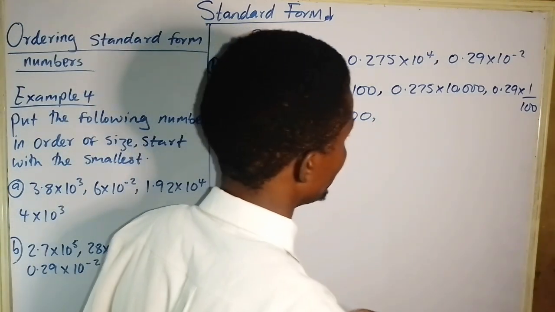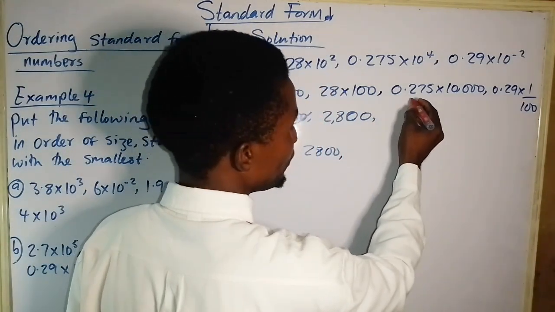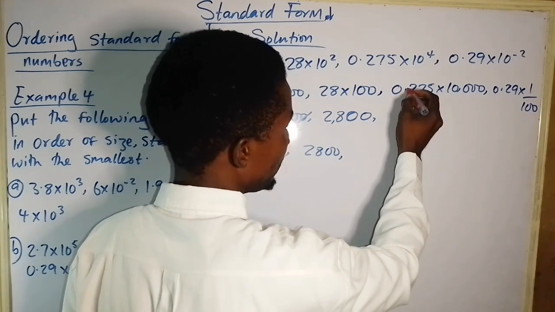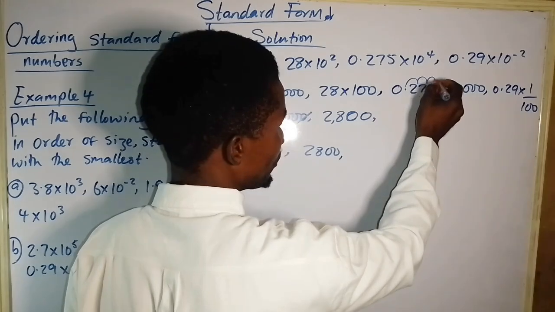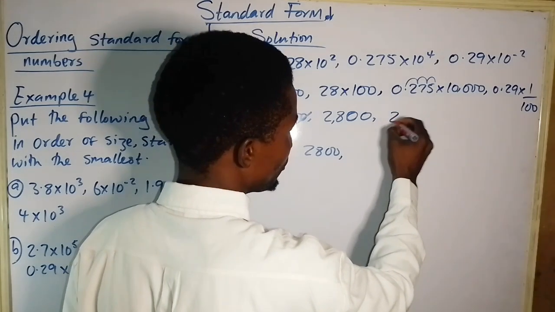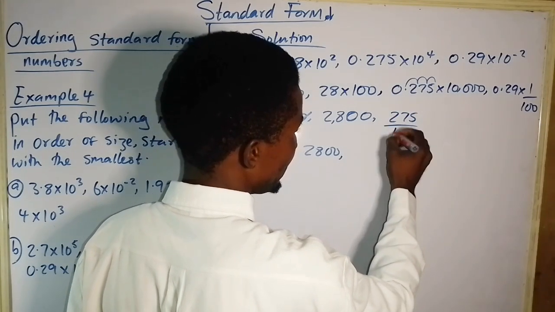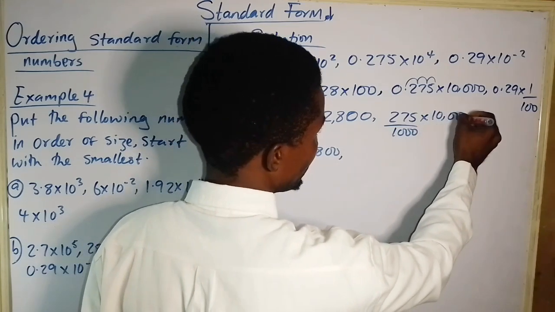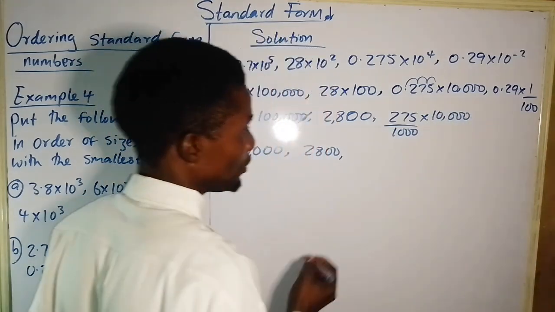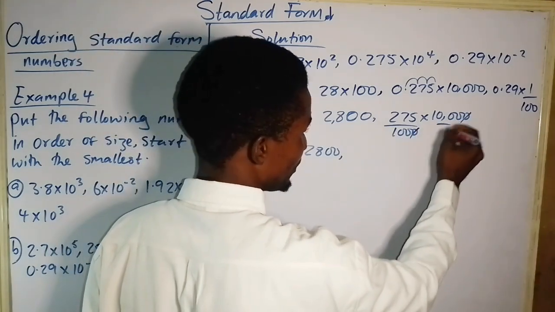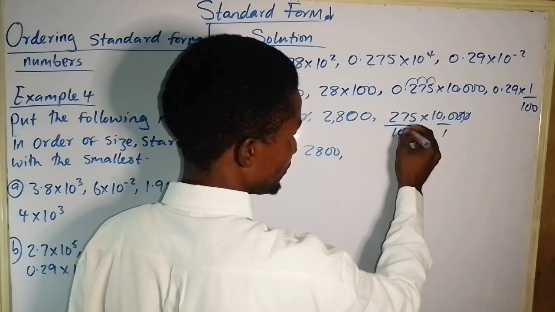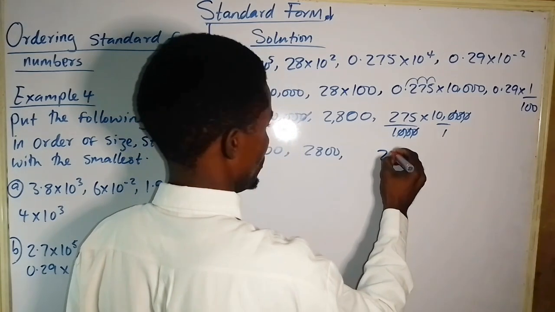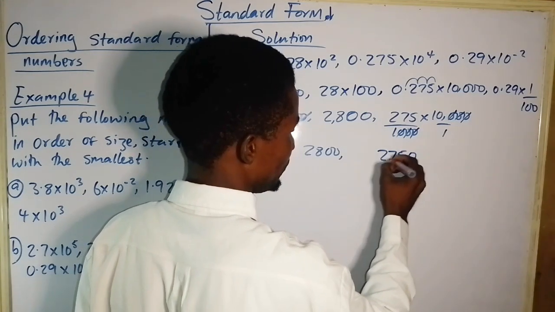Let's order the next one. For this one, we can express this number as a whole number. So that will be 275 divided by 1,000 times 10,000. So you can reduce this number and cancel all this. So you are left with 2,750.